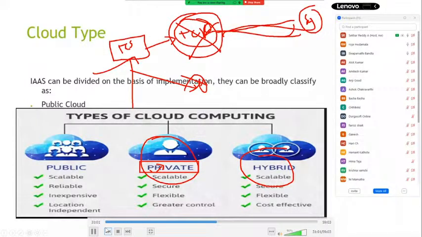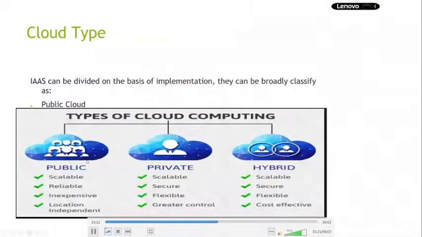Here it is the same. A few of the applications are running in public and some of the applications are running in private. If we establish the connection between these two and access everything, that we call hybrid. But hybrid is costly, sensitive, more flexible, and more secure as well. Also, it is high cost. I will let you know how to do the tunnel later.